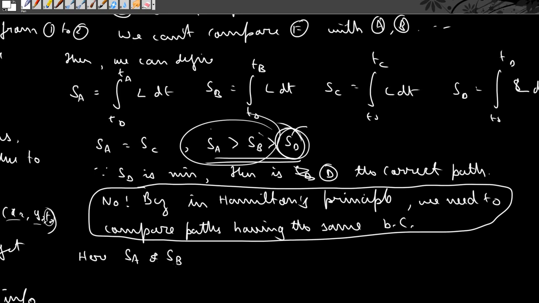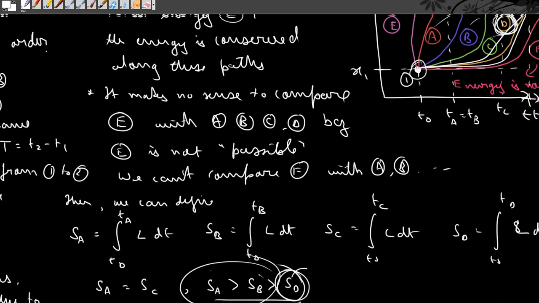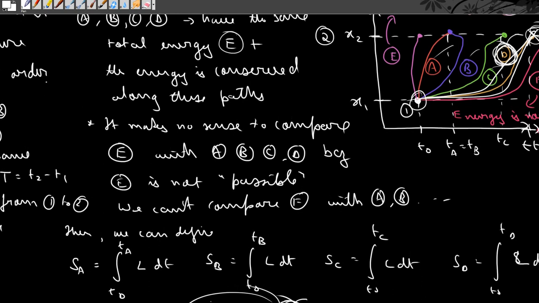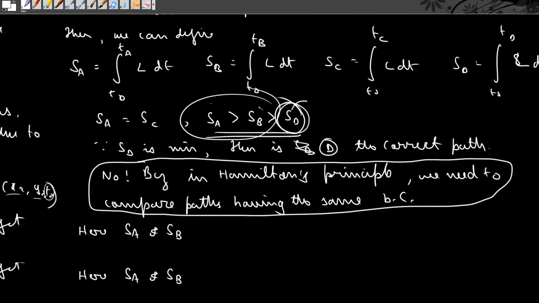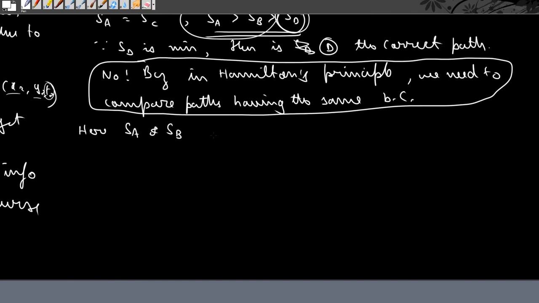Here SA and SB, if you note, I am considering to have the same boundary conditions. But SA, SC, SD have different boundary conditions.